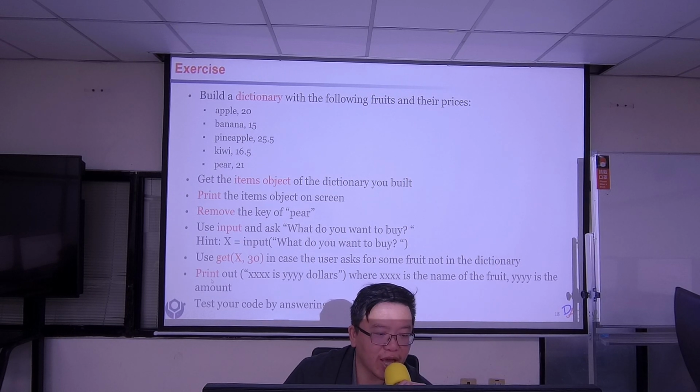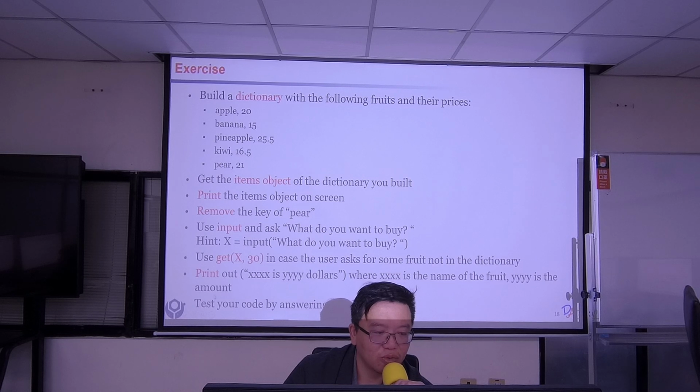Then at the end, print out. Here you put the name of the fruit, and here you say how much. And of course, if someone says something else, like pear, because pear is not in the dictionary anymore, at the end pear is going to be $30.